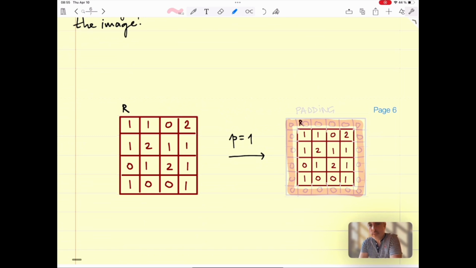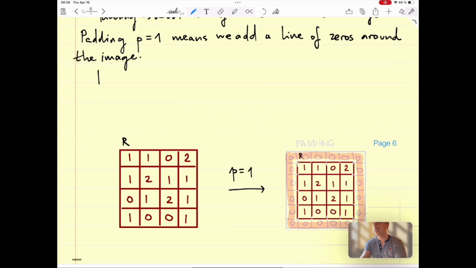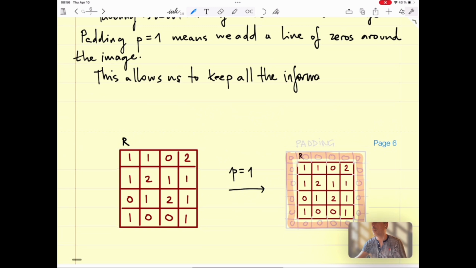This allows us to keep all the information of the image after convolution.